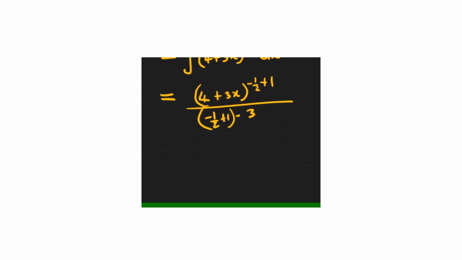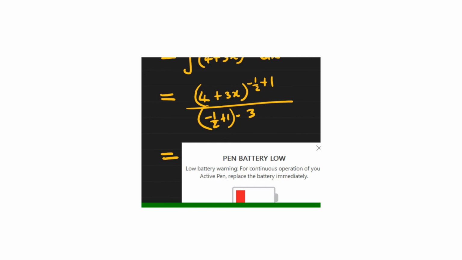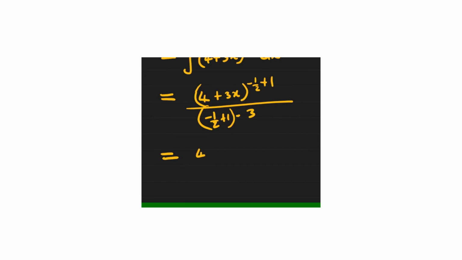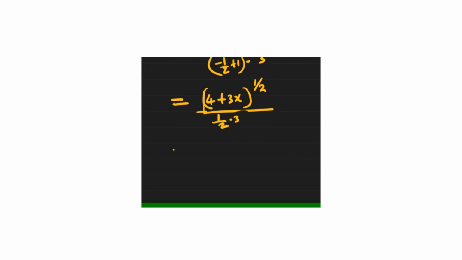So in this case it will equal (4 + 3x) to the power of positive half divided by half, times 3, half times 3, which means it will be (4 + 3x) to the power half all over 3 over 2.